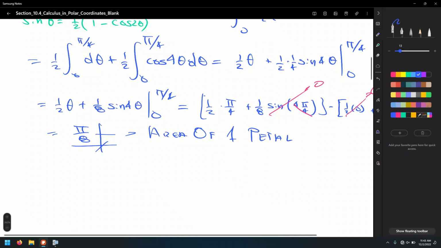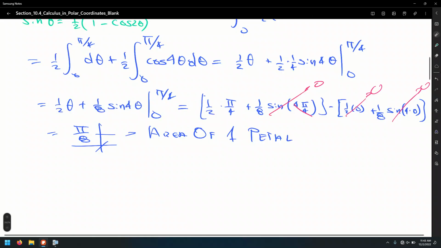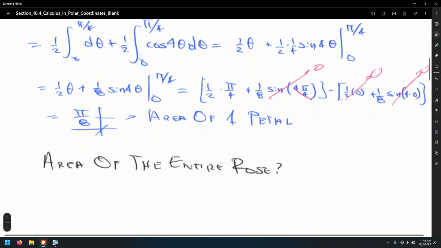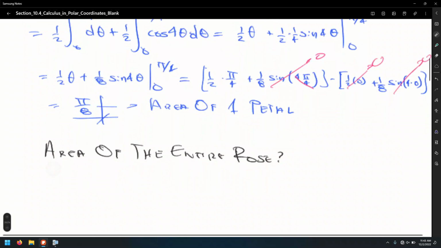So now, what if they asked us to find the area of the entire rose? What would you do to get the area of the entire rose? Multiply by 4, because we have 4 petals in this case, right?